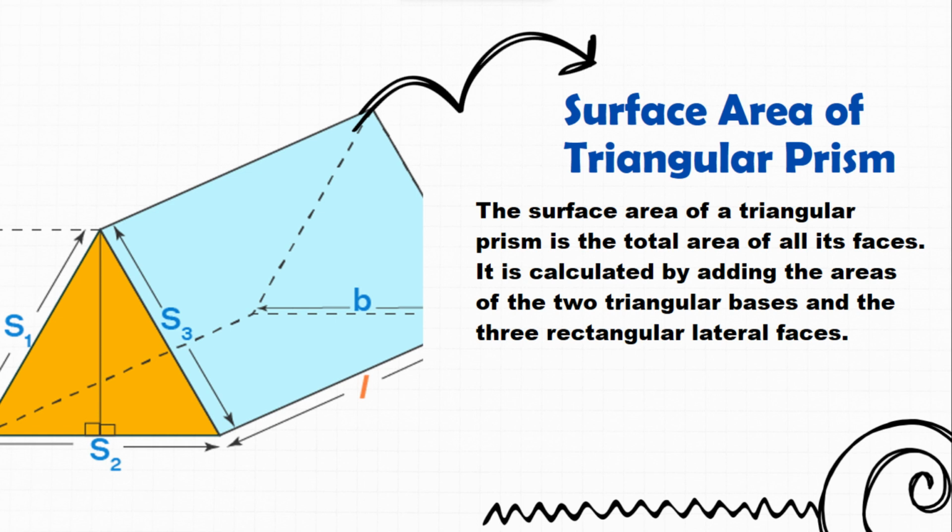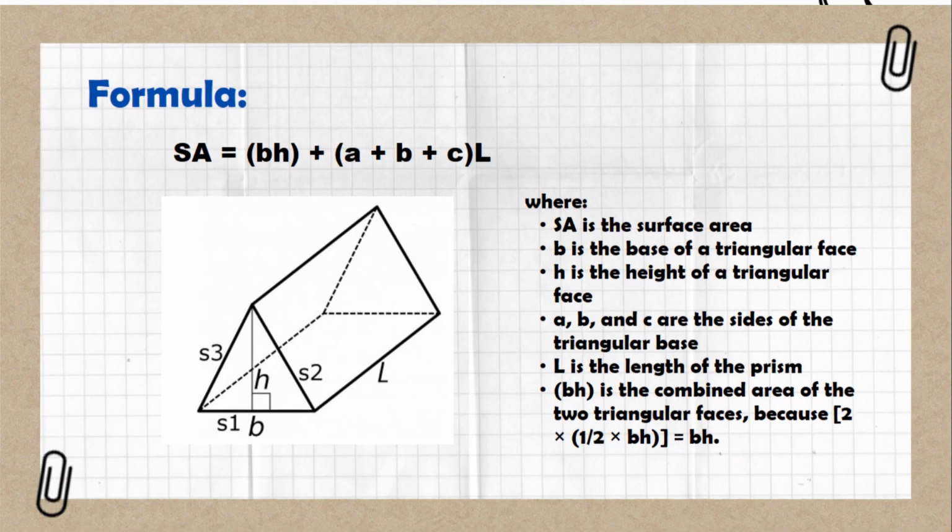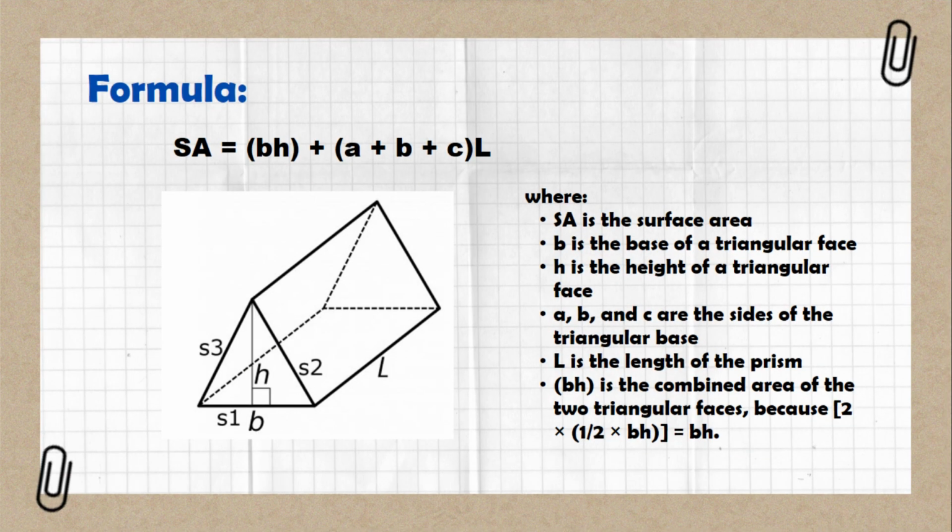The formula in finding the surface area of a triangular prism is surface area, which is denoted by SA, equals the quantity base times height, where B is the base of a triangular prism and H is the height of a triangular prism, plus the perimeter of a triangle, which is denoted by A, B, and C, times the length of the triangular prism.